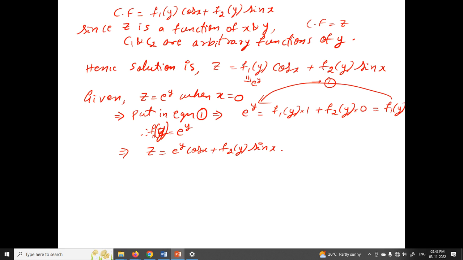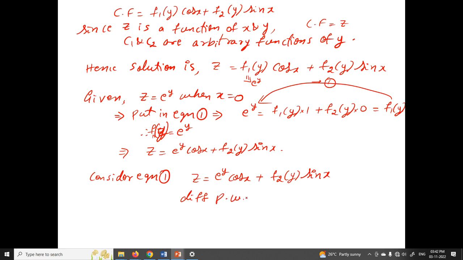To calculate this, I will consider equation 1: z is equal to e raised to y cos x plus f2(y) sin x, and differentiate partially with respect to x.